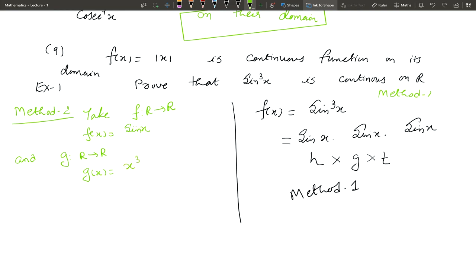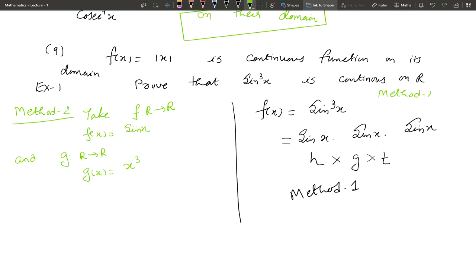We know sine is continuous on R, so f is continuous. g of x equal to x cube is also continuous. In the list we have checked that f of x equal to x raised to n is continuous.